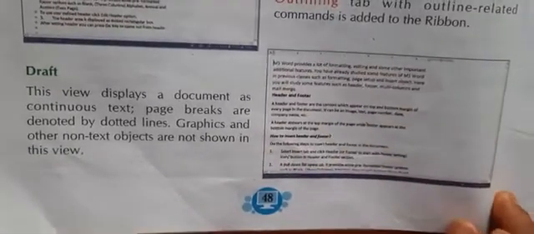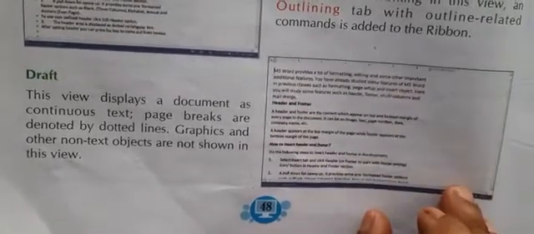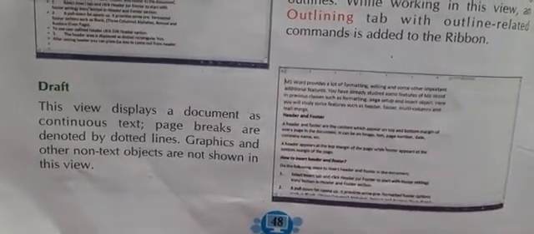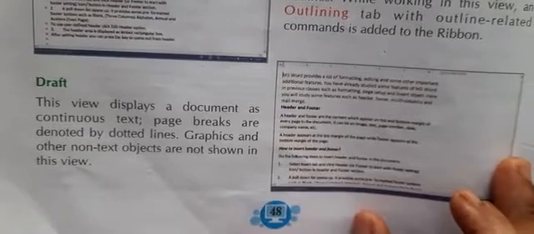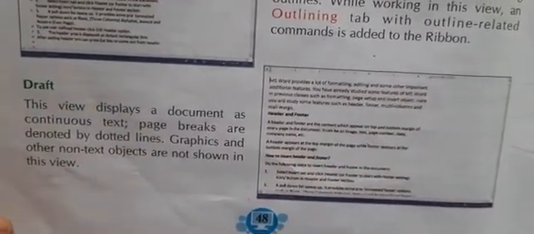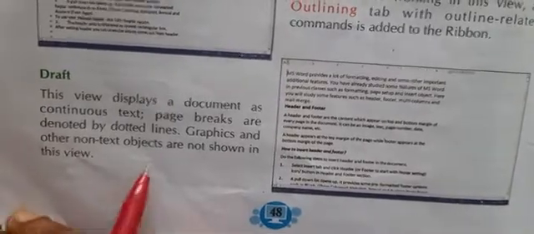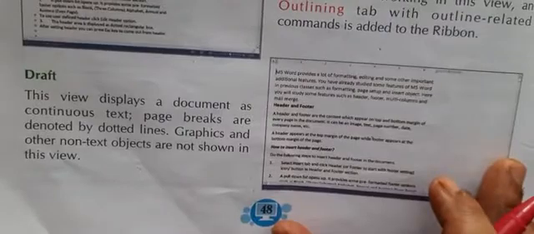Suppose you have inserted any picture or graphics, objects other than text, they won't be shown in the draft view. Only the text will be shown in the draft view, and page breaks will be denoted by the dotted line.